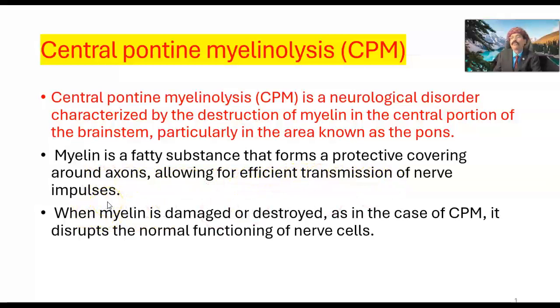So it is very essential for nerve impulse by saltatory movement, as well as it insulates the nerve fiber, the axon. When myelin is damaged or destroyed, as in the case of CPM, that is central pontine myelinolysis, it disrupts the normal functioning of the nerve cells.